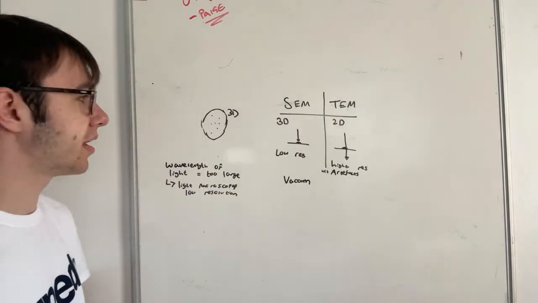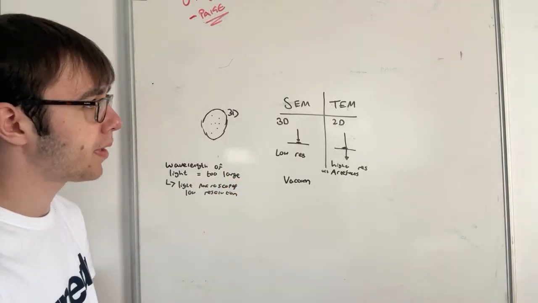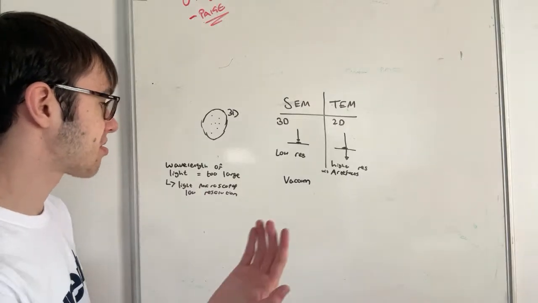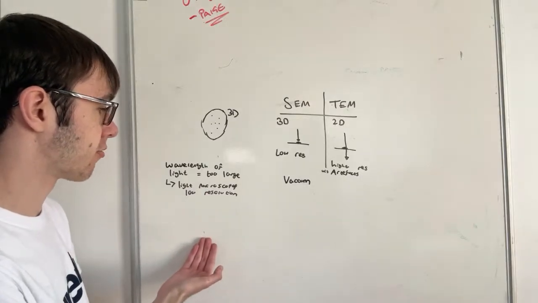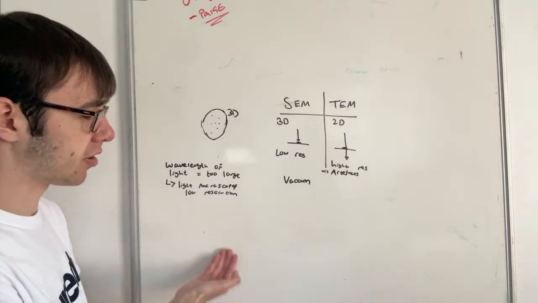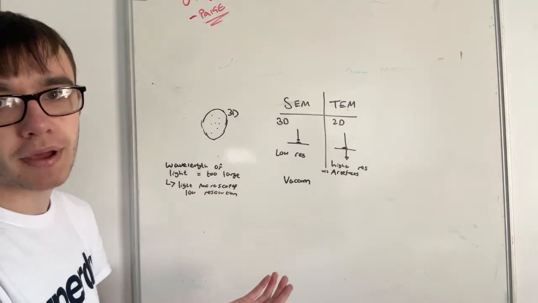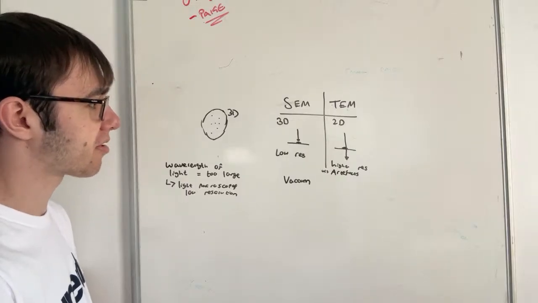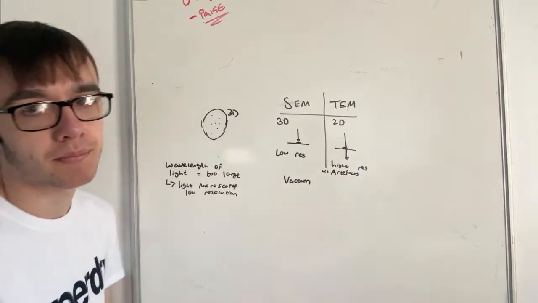So if you were asked in an exam, explain why this image couldn't be taken with a light microscope, you would say it's because the wavelength of light is too great, light microscopes have a low resolution, electron microscopes have a greater resolution. Always talk comparatively because that is what they're after.